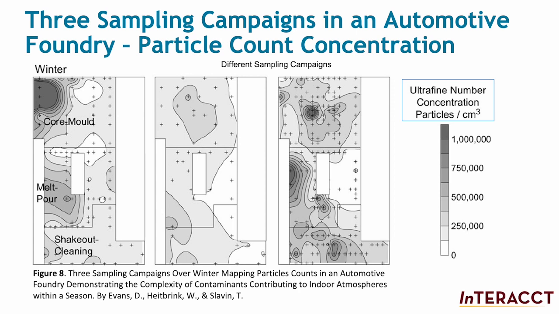Note also that the plot in the center had far fewer sampling locations than the other two, which resulted in less refined contours. Regardless of these limitations, this study demonstrates that some plants can have complex indoor atmospheres with a variety of sources that may contribute contaminants at different times, even within the same season.